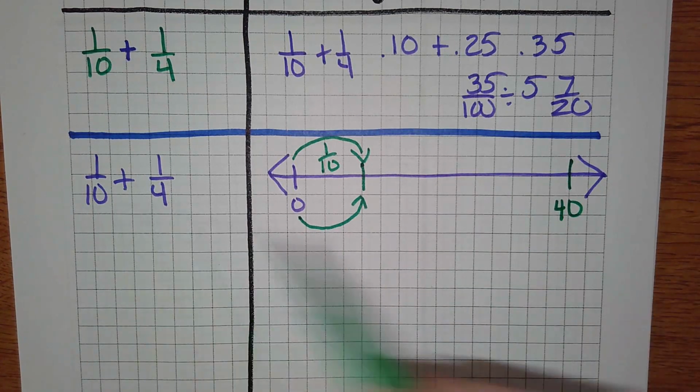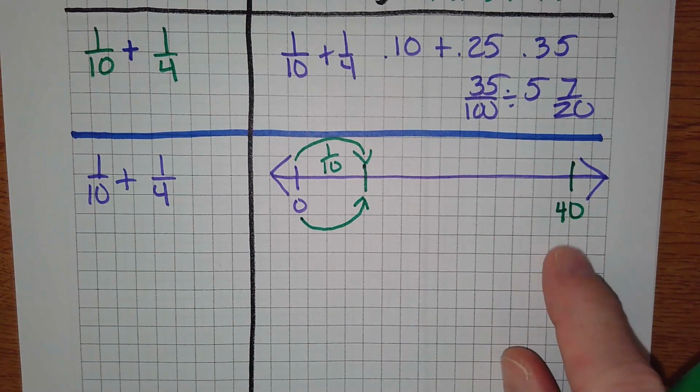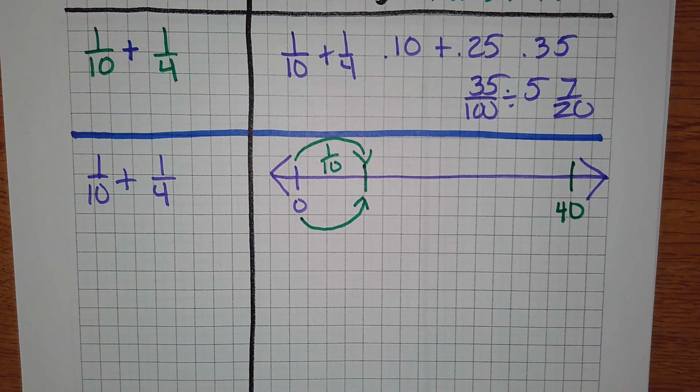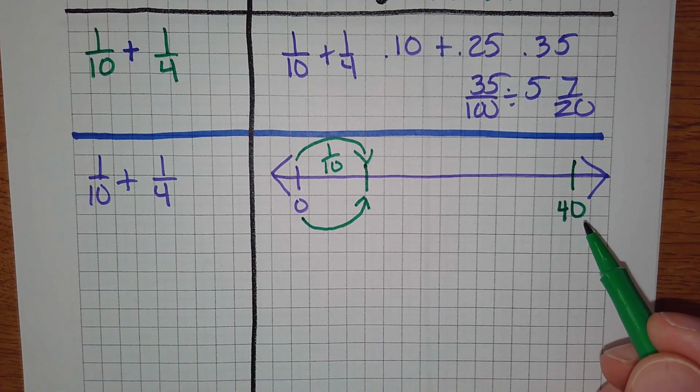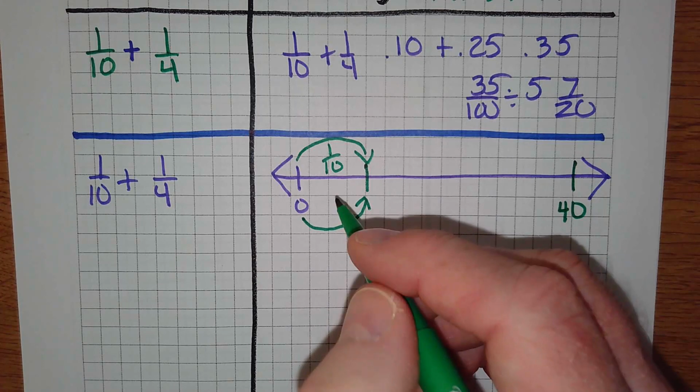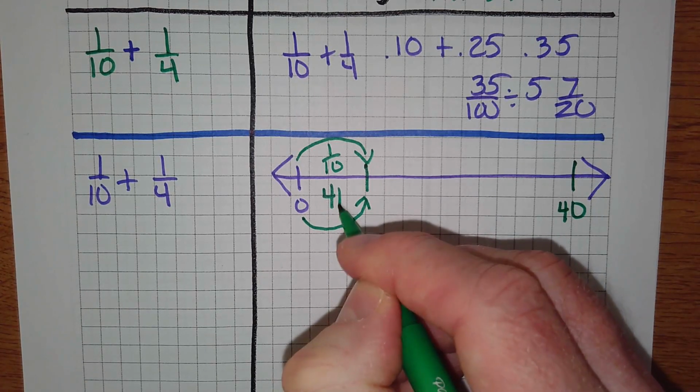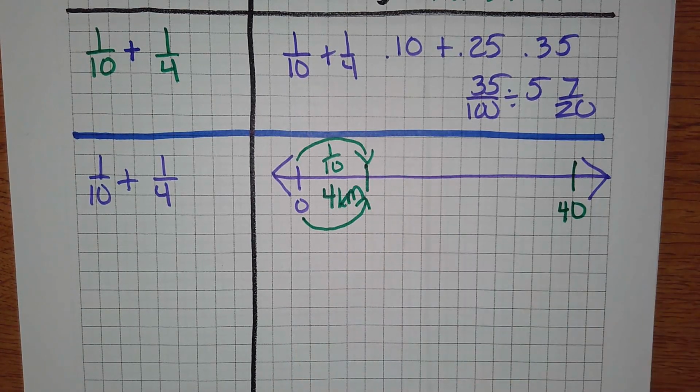What's 1/10 of 40? How many kilometers is that? 4? So 1/10 of 40 is 4? You sure? Yes? Okay. So 4 kilometers. And it is kilometers, I just saw that.